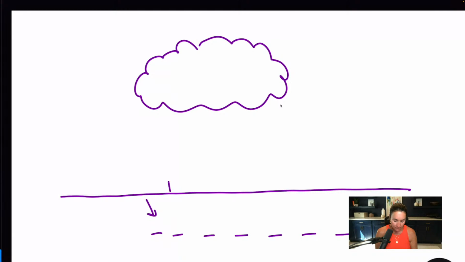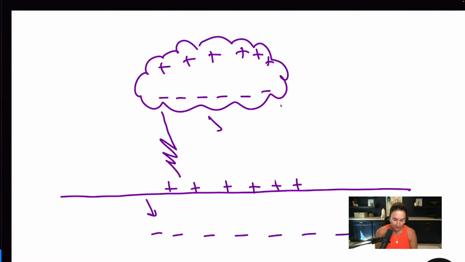And then the positively charged particles will move up to the ground. Because opposites attract, negatively charged particles will start to move down the cloud, and positively charged particles will move up into the cloud. And notice we got negative and positive, and when this becomes strong enough, lightning.